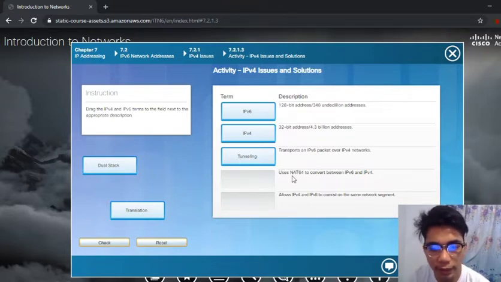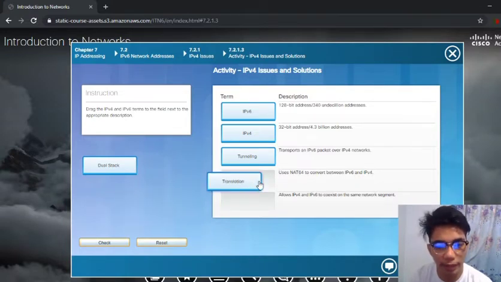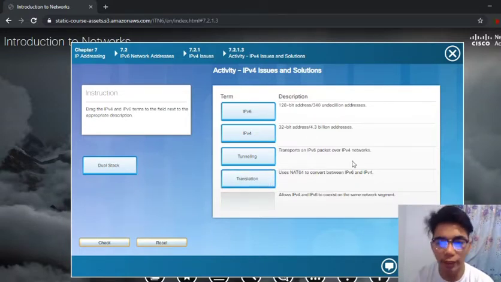Then uses NAT64 to convert between IPv6 and IPv4. It would be translation, because as you can see, the keywords are already in here. Translation only has the NAT64 word, and the other keywords are convert between IPv6 and IPv4, so it would be translation.